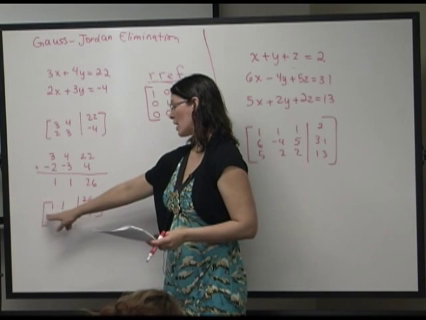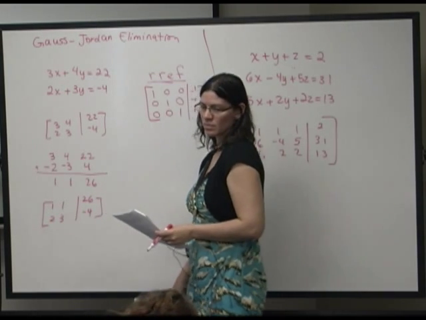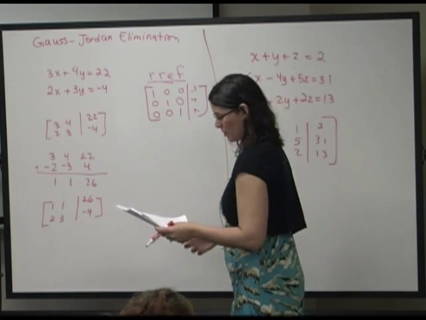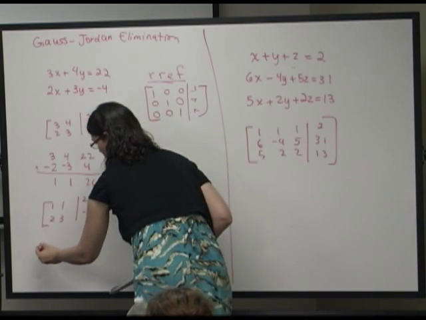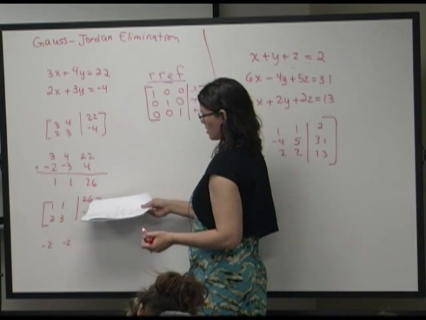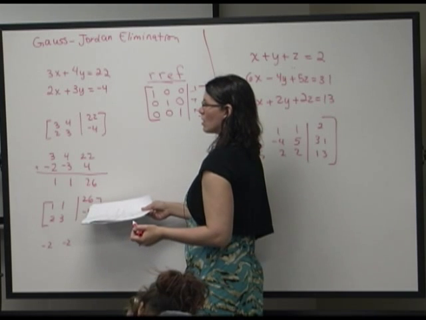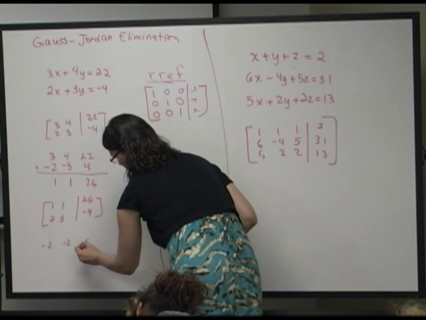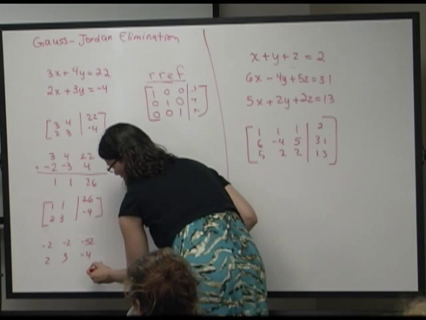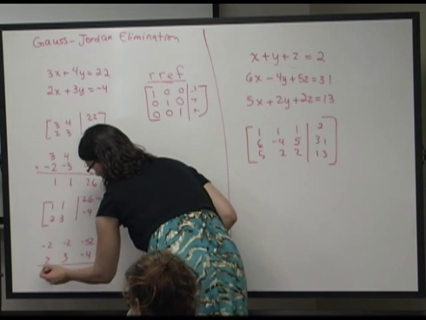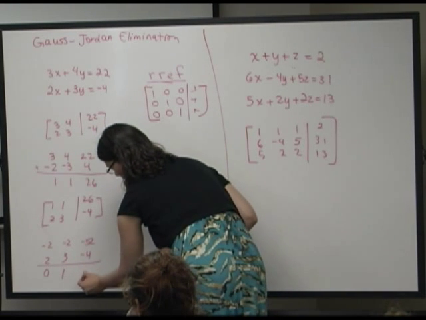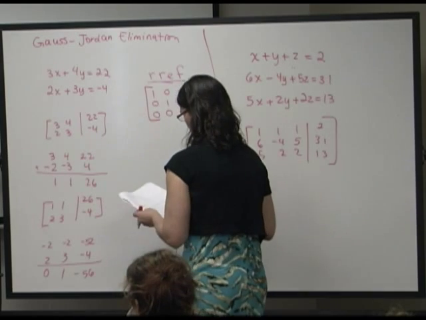Now, how do you eliminate that 2? You multiply the first one times -2, and you add it to that one. So it will be -2, -2, and that is -52. You get 0, 1, -56.